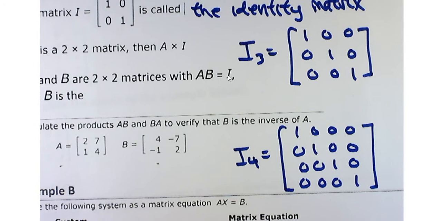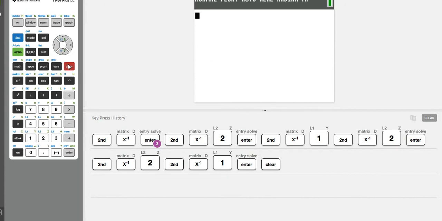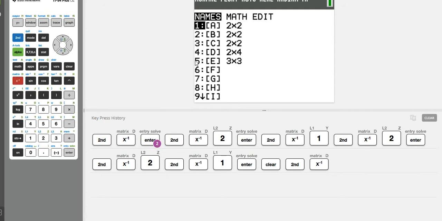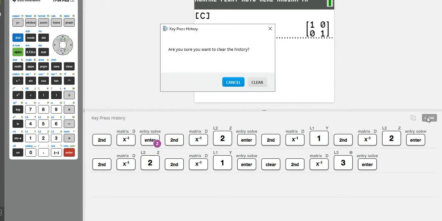Now, a good question is, why do they call that the identity matrix? Let me give you a good answer. Let's go back to our calculator. I put the identity matrix in matrix C for me, so let's pull that out. There's our identity matrix.